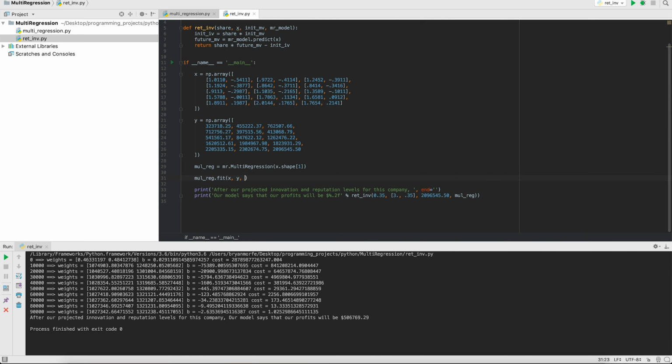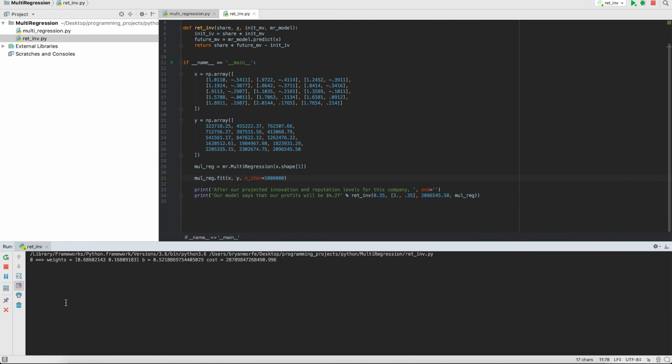So let's just increase the number of iterations to 1 million, and see if this cost decreases even more. By the way, you can see that the weights are very high and the bias is very, very low in this case. I guess the bias is meant to be low. So let's go ahead and do that again.